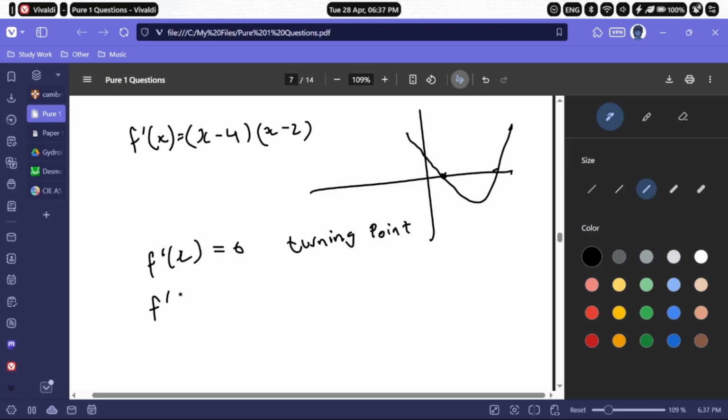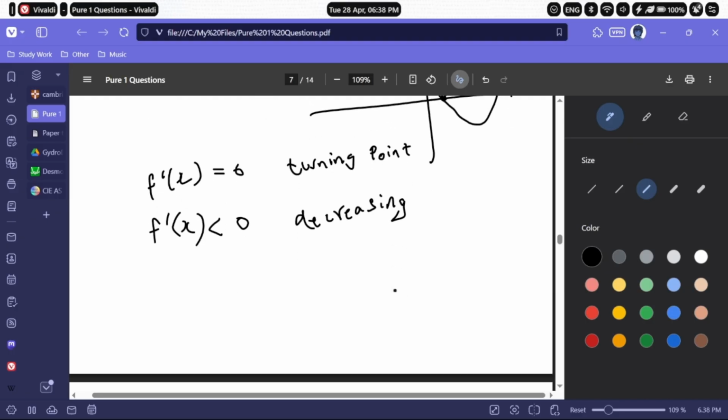When f prime of x is less than 0, it's negative, right? Your gradient is negative, which means that your function is decreasing. This is a general rule that you need to know, because it's going to be really important.